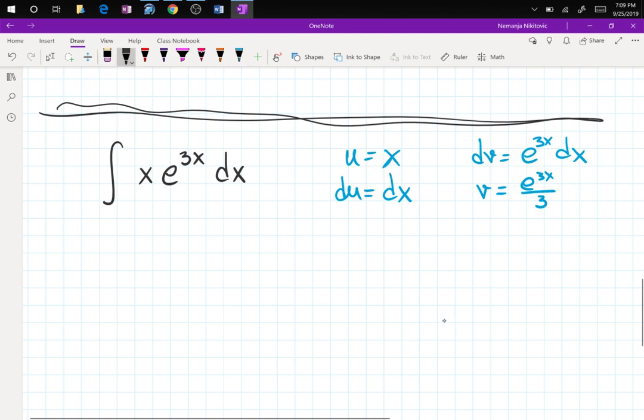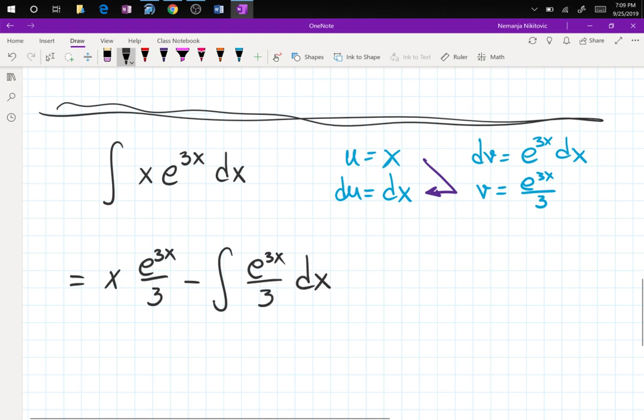So now I'm going to put my arrow, which helps with the formula, and rewrite the problem as u times v, which is x times e to the 3x over 3, minus the integral of e to the 3x over 3 times dx, which is du.